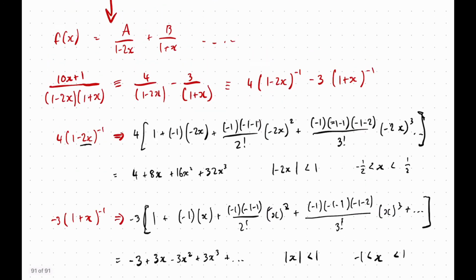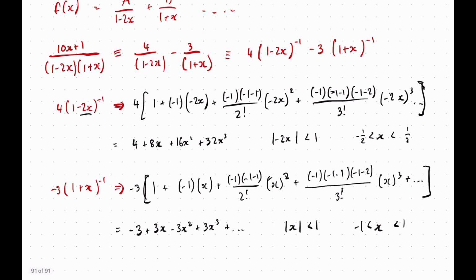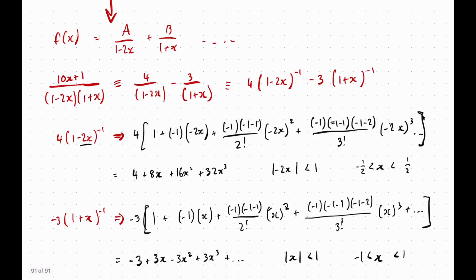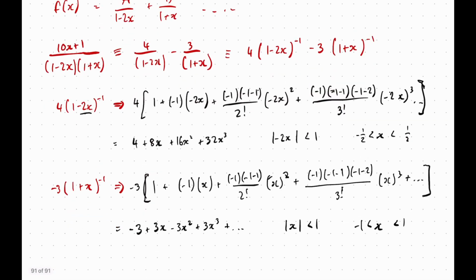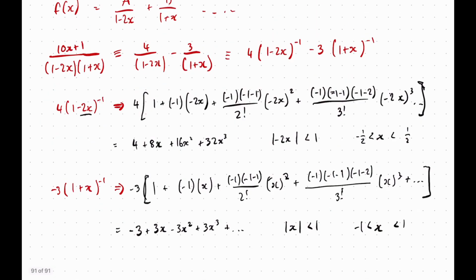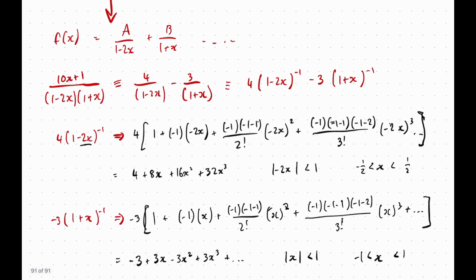The way they demonstrated this in the book was, here's a number line. Our inequality for the bottom one is minus 1 to 1. Our other one is from minus a half to a half. We need to satisfy both of these, so the only way to satisfy both is to be within that region there. So our final inequality is that x is less than a half, but greater than negative a half.